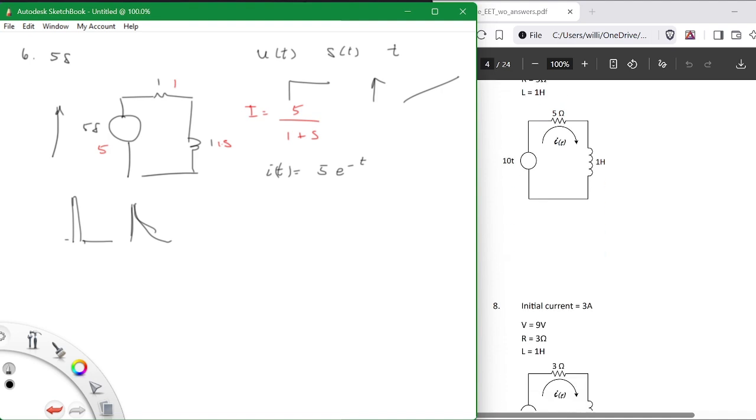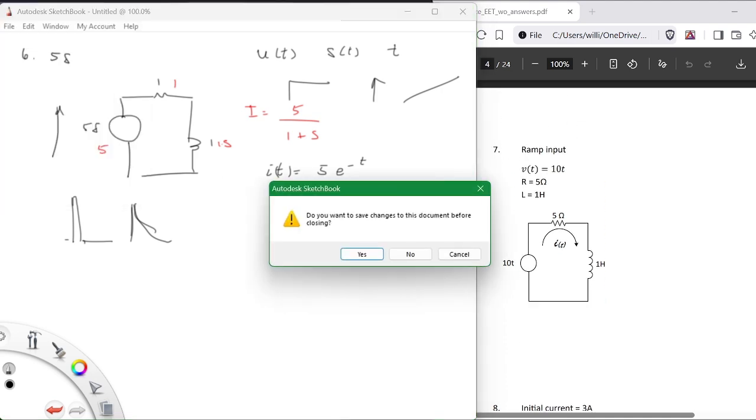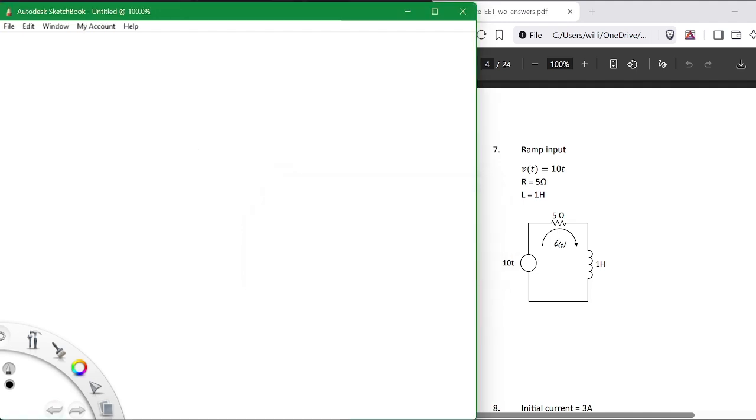What's this one? This is the other one, the other brother. This is the T. So what's the conversion of the T? What is the conversion of the T? So look at rule 1. The conversion of a constant is 1 over s.